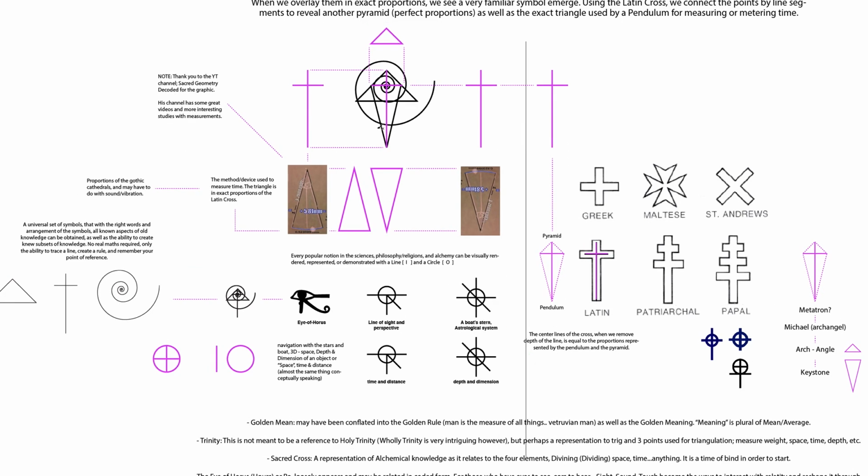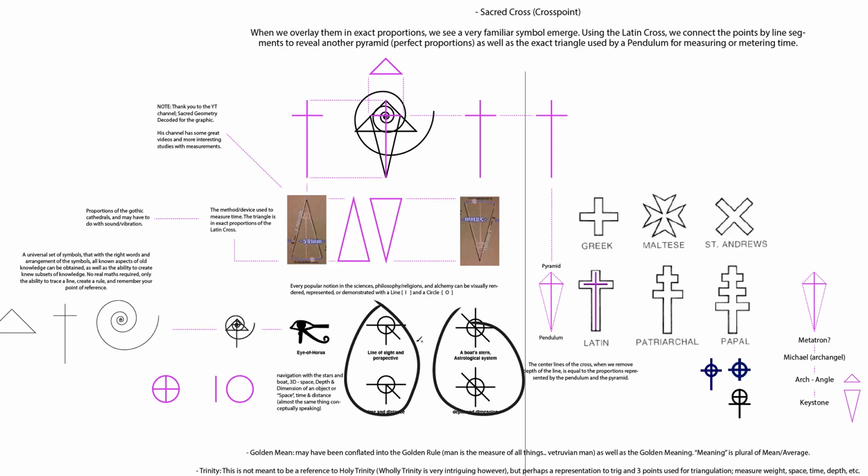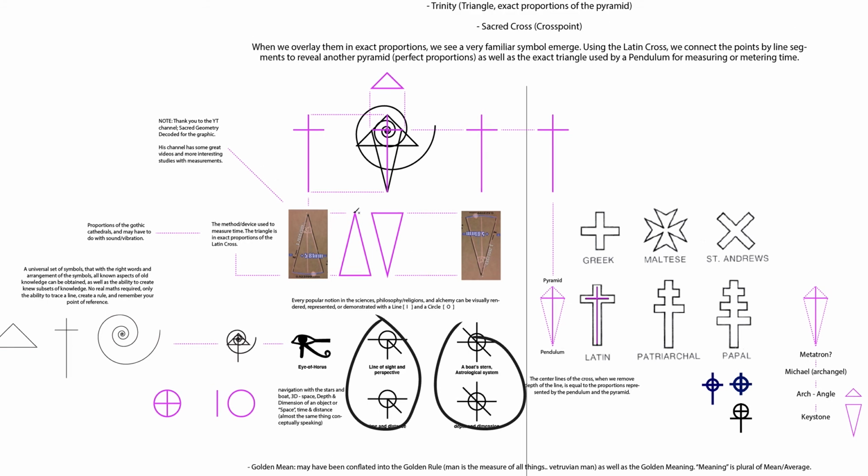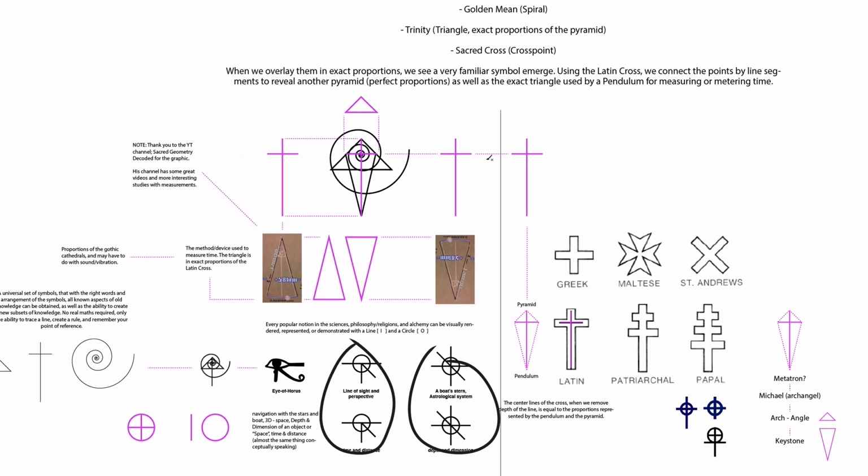I'll come back to this shape often and in some of these shapes just to help further communicate newer ideas. But this tangent has been put on hold for a little bit because I think it's actually a whole other topic to explore, especially with the motion and exact distances required to make the pendulum work and how we denote time, and that just sort of conveniently fitting in with the Latin cross as well. Again, could be coincidence.